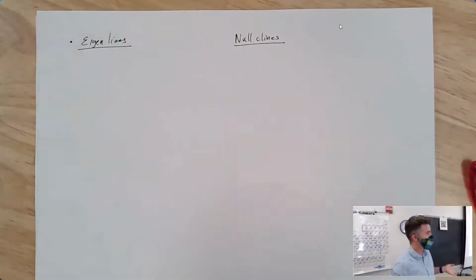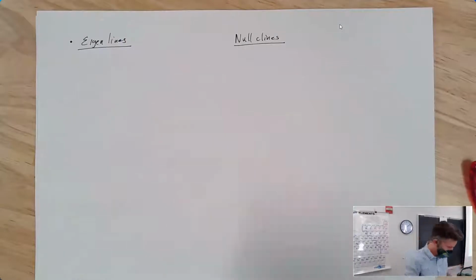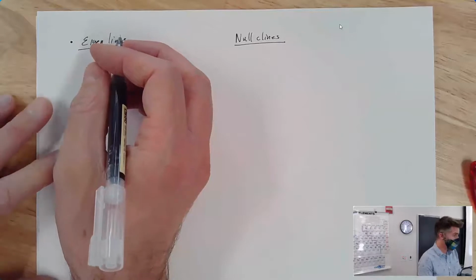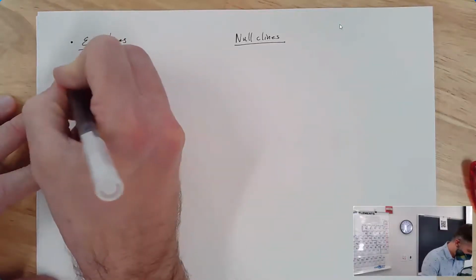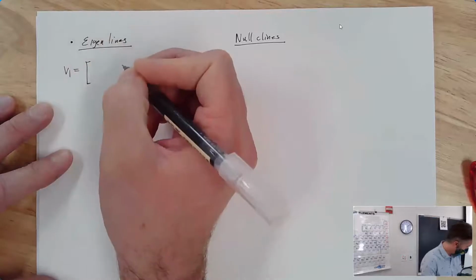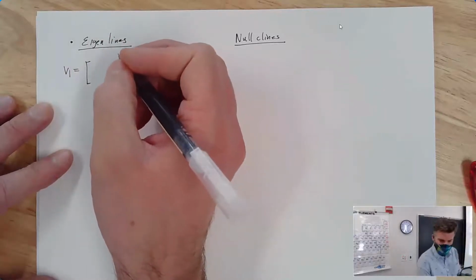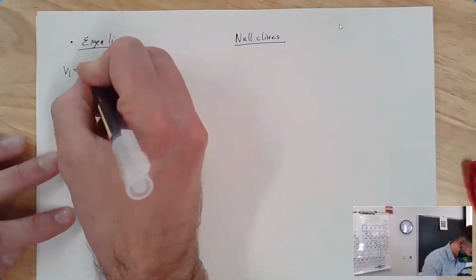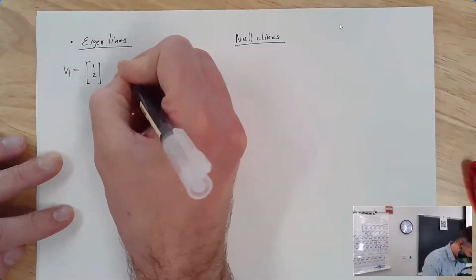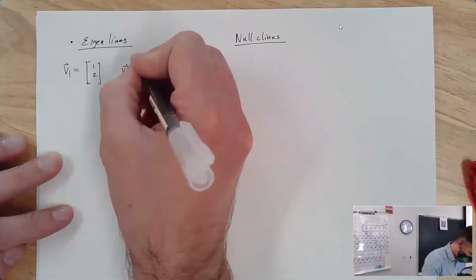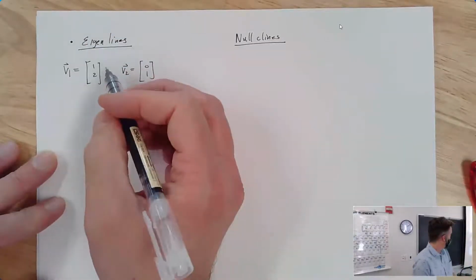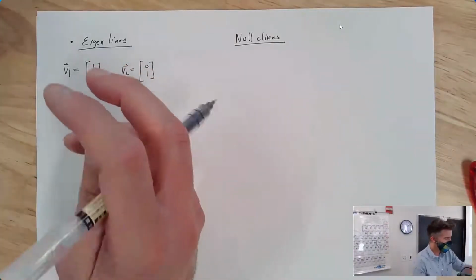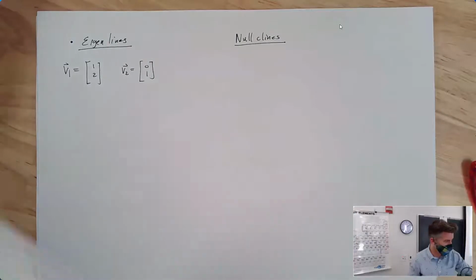Well, in this particular problem, the eigenlines, you already know. The eigenlines are just the lines that include the vectors. So our vectors being 1, 2 and 0, 1. So I want the line that includes 1, 2. Well, you know what's actually easier to do? It's easier to go back and look at the work we did finding the vector.